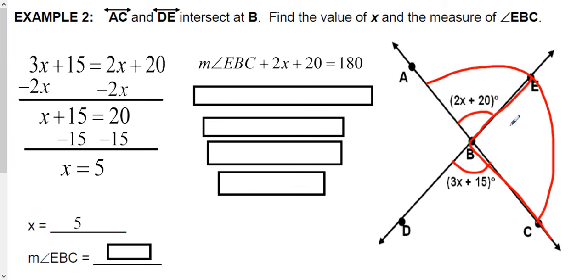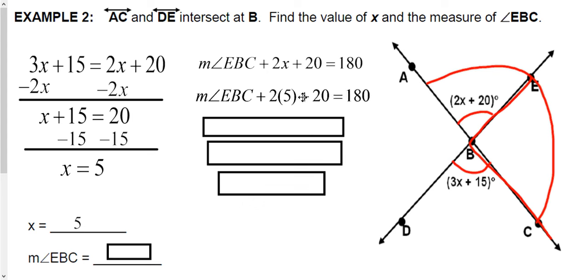So now I can say the measure of angle EBC plus this angle, which is 2x plus 20, will add up to 180 since they're a linear pair. And I also know what x is, so my first step is going to be to substitute the 5 in for x here and get that. You could have done it here and got the whole angle measure, but I'll just do it like this.